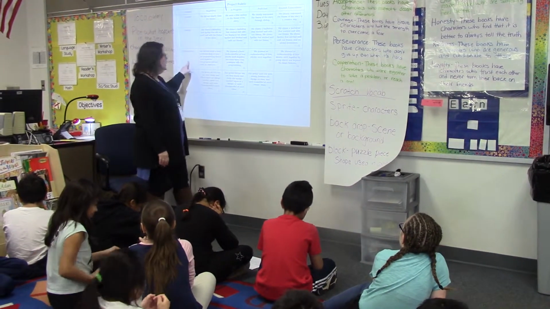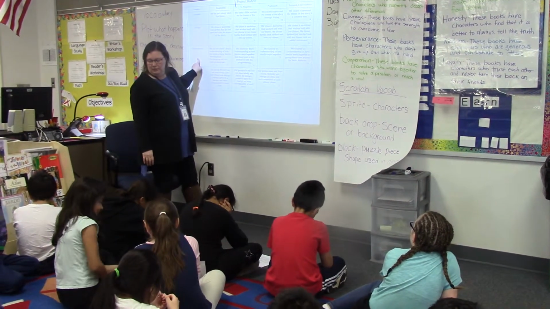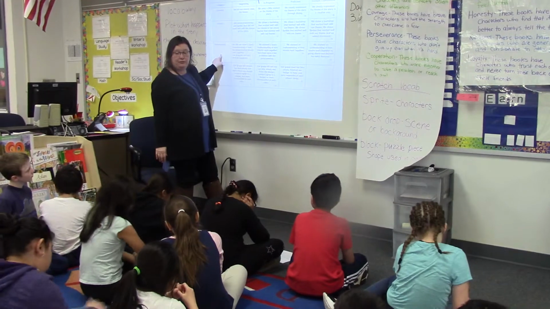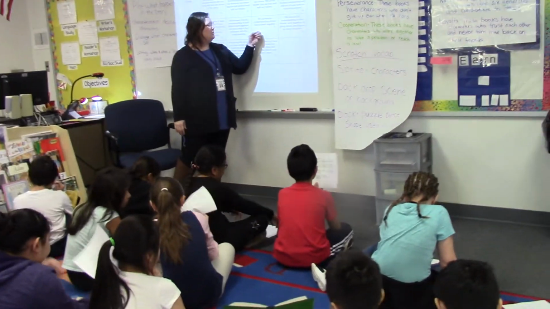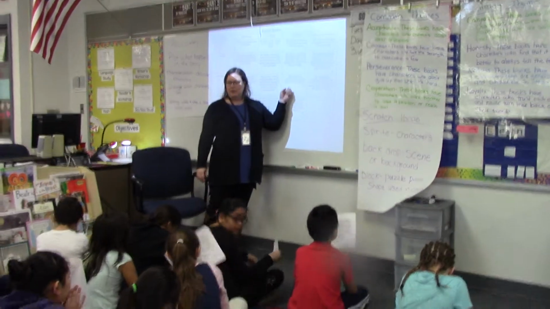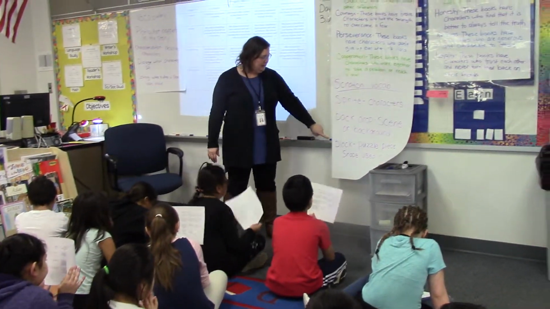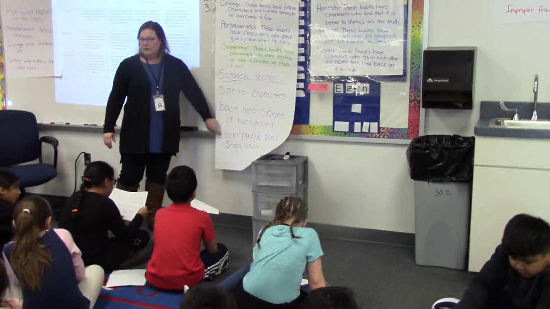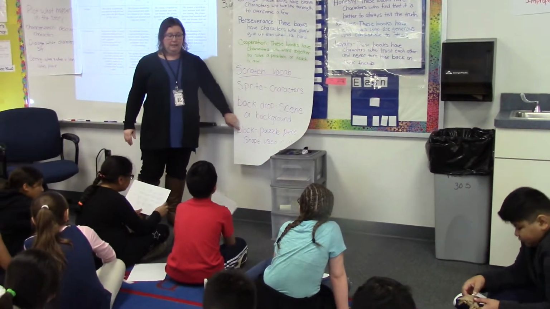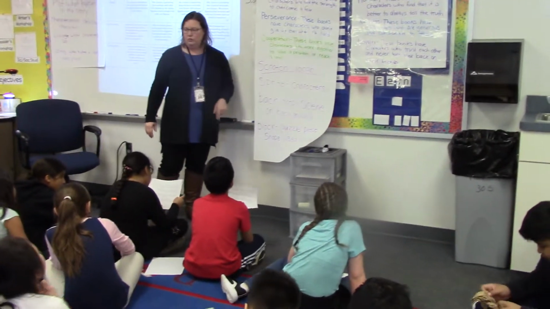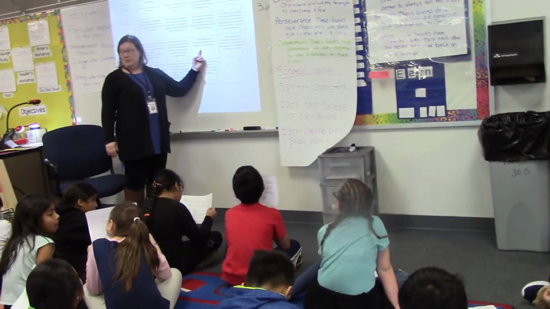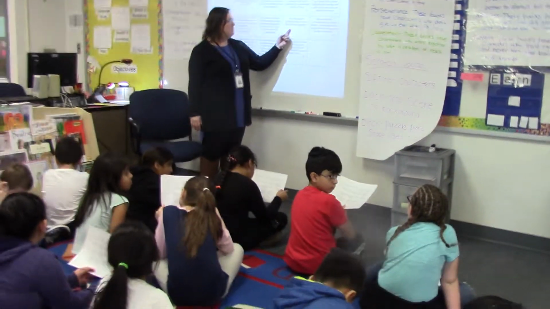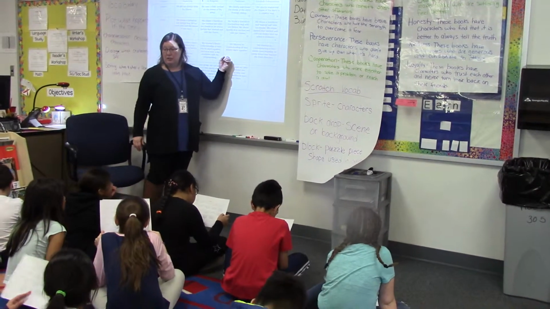The next thing we're talking about is programming. You should be following along in your paper if you can't see the board. Programming: we showed an understanding of how the blocks work together. A block is a puzzle piece. Tinker uses the blocks, right? It's what you use to code. So for the programming part, for proficient, you showed an understanding of how the blocks work together.